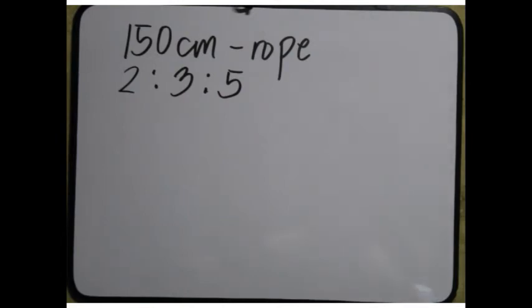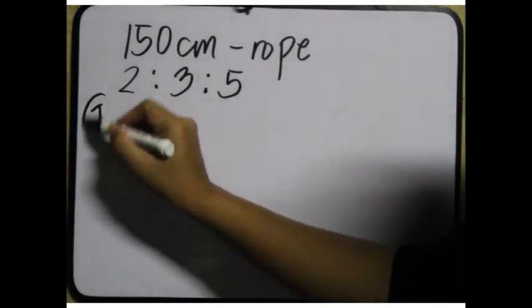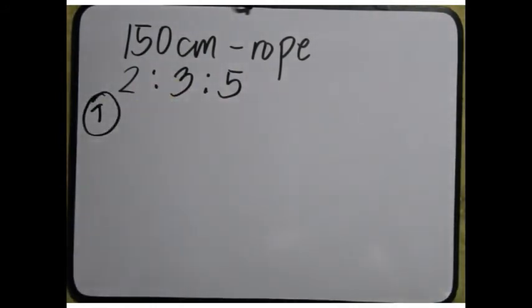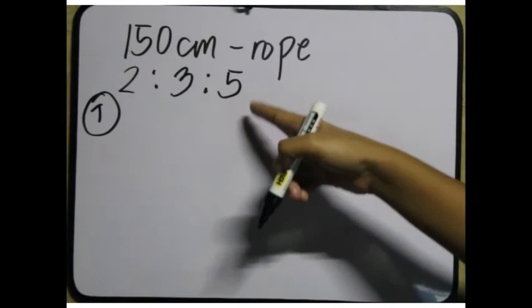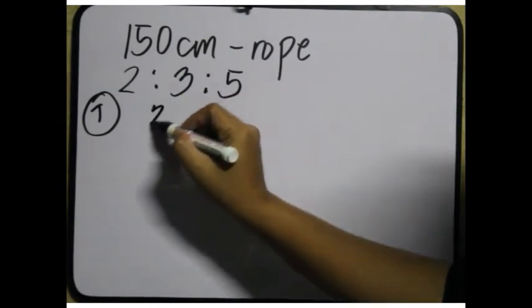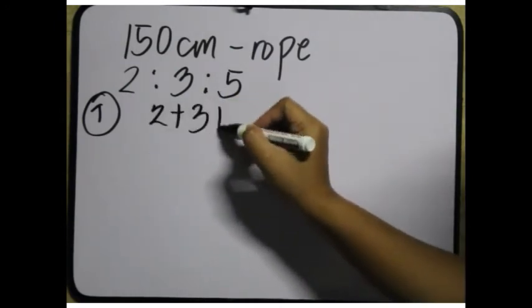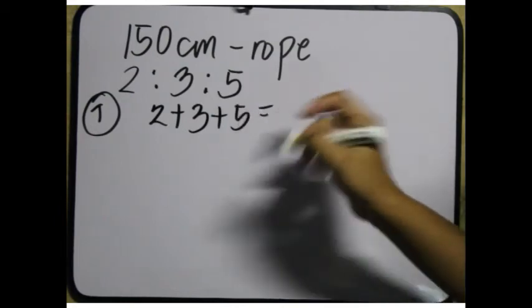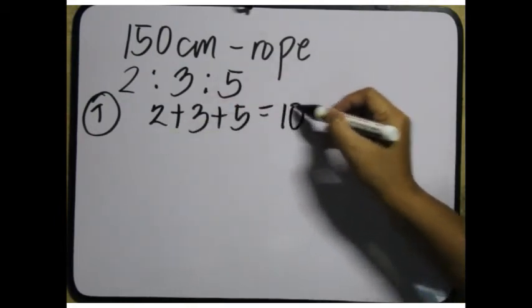So the first step we need to do is to add all our ratio. So 2 units plus 3 units plus 5 units, that would be equal to 10 units.